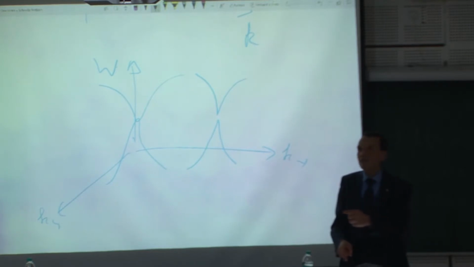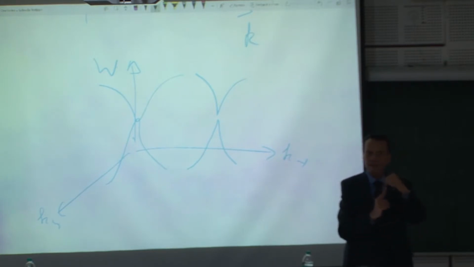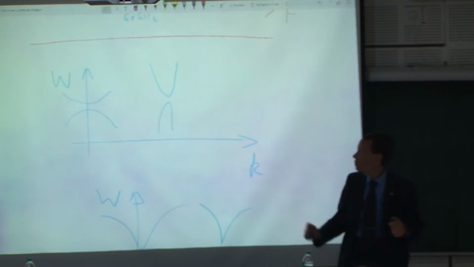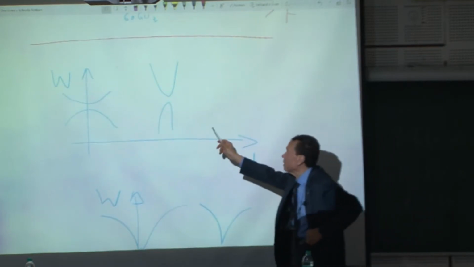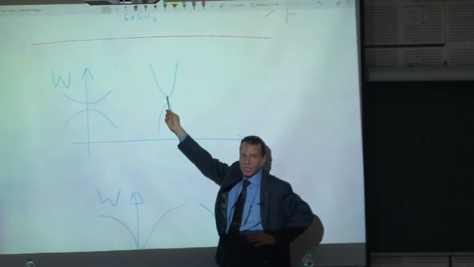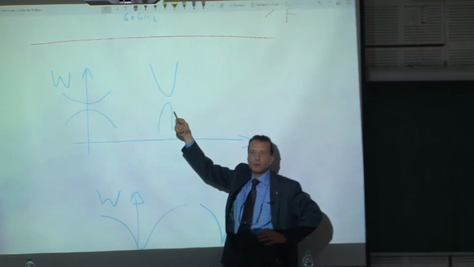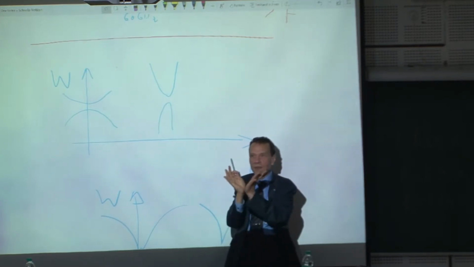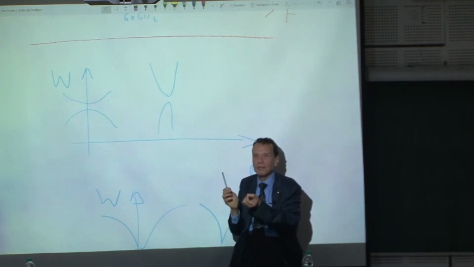And can you tell me what you will say immediately if you see this spike here? What was actually the effective mass in the last lecture? We said that the effective mass of the charge carrier is inversely proportional to what? To the second derivative, to how sharp this is.